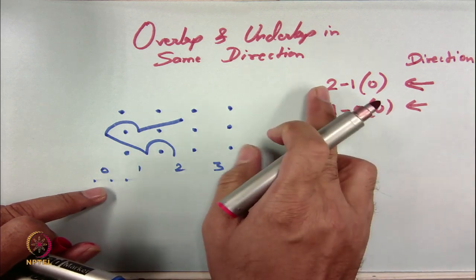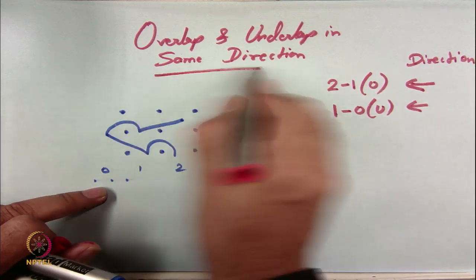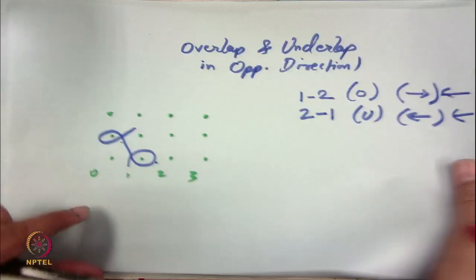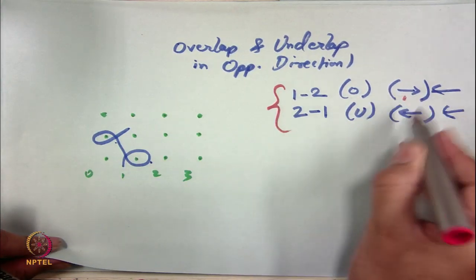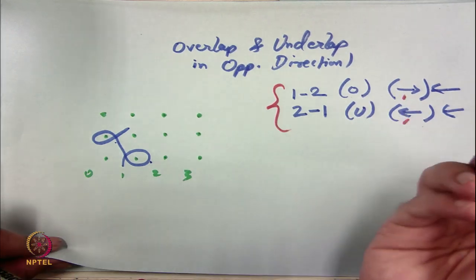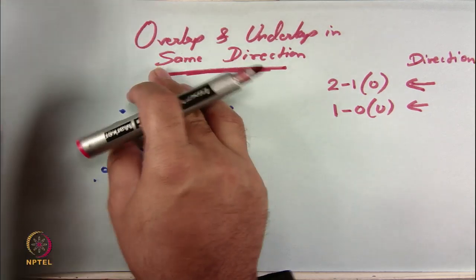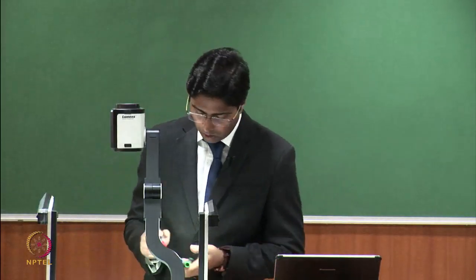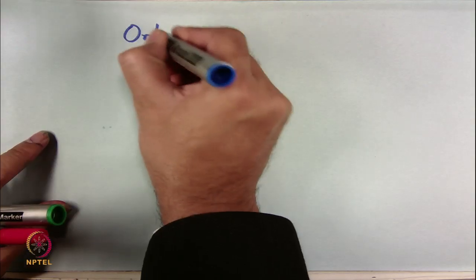So, both overlap and underlap in the same course are in same direction. And if you carefully see the previous one, in the same course overlap and underlap are in opposite direction. So, fundamentally they are different, it creates different types of loop architecture in the fabric, and also the fabric property will change.